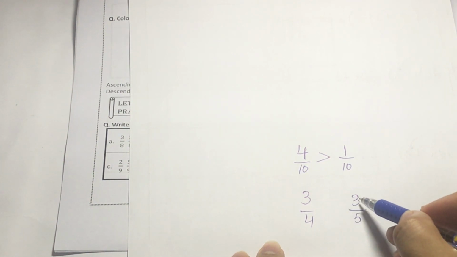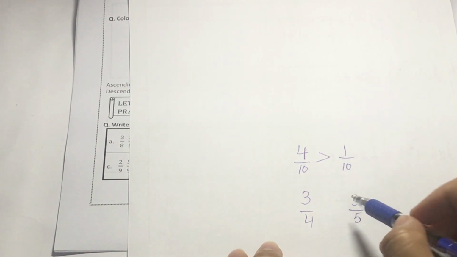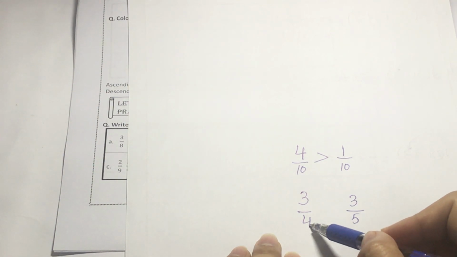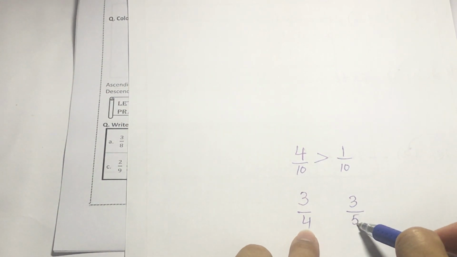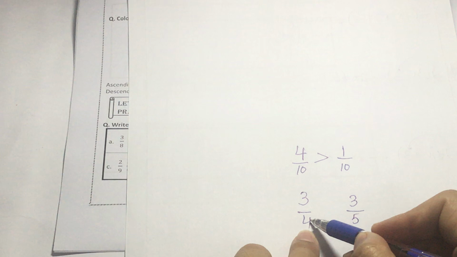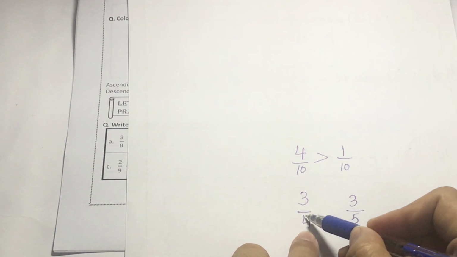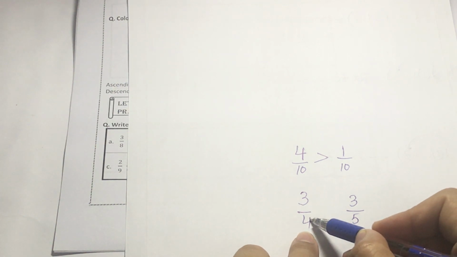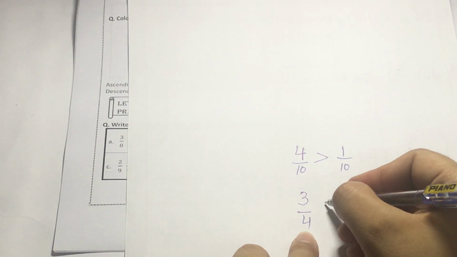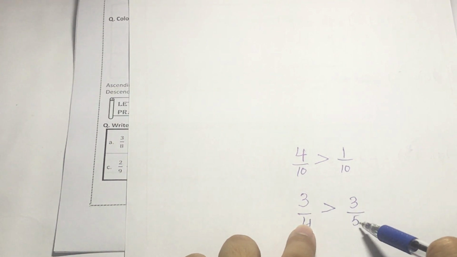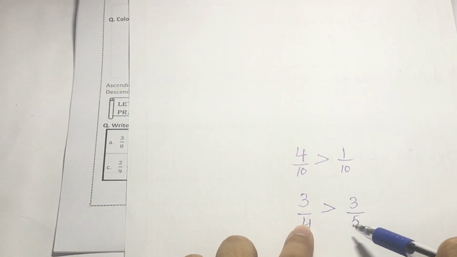If we have same numerators, then we will see the denominators. If the denominator of a fraction is smaller, the other one is greater. So the fraction with the smaller denominator will be the greater fraction, right? So 3 over 4 will be greater than 3 over 5, right?